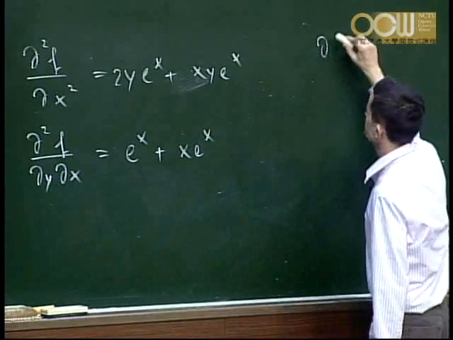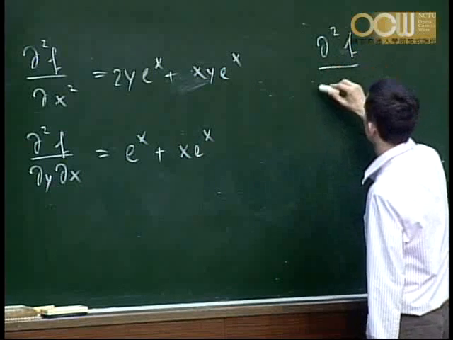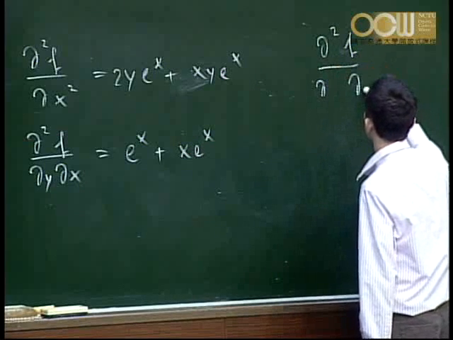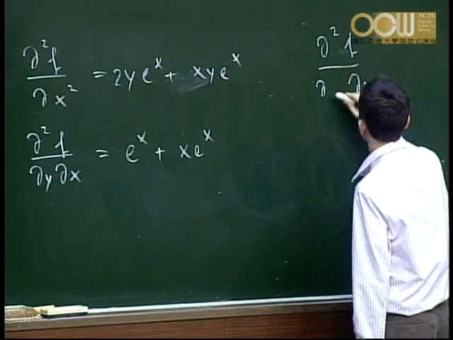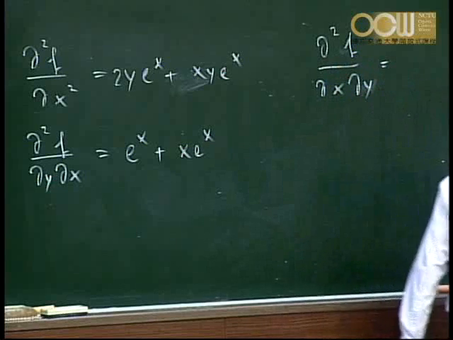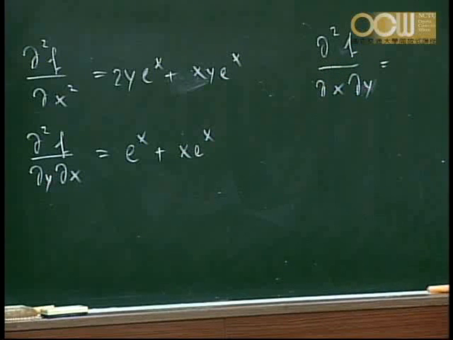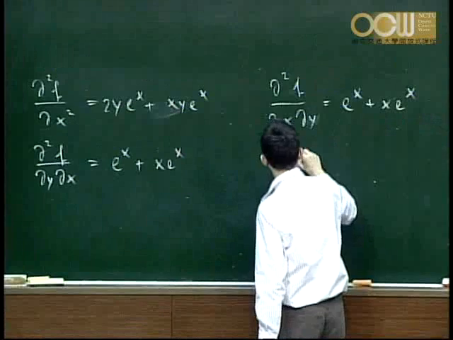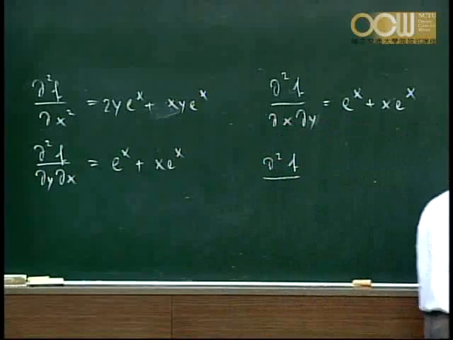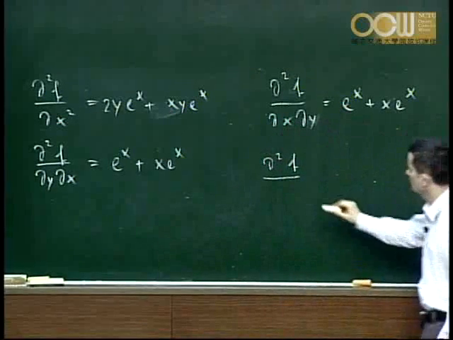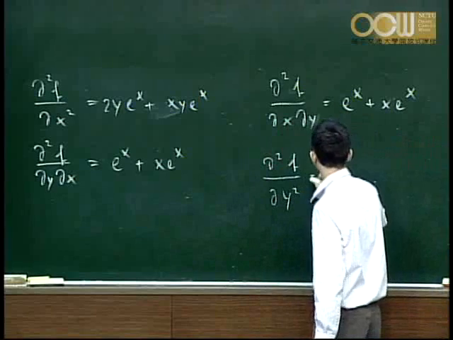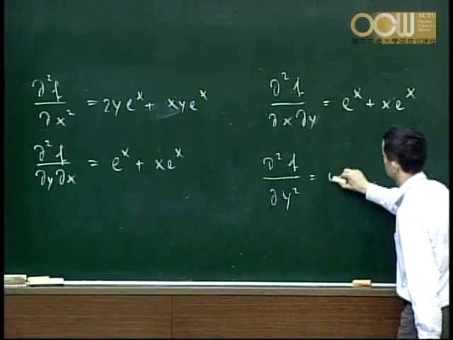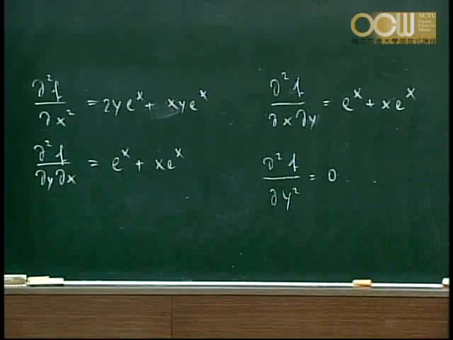Now the second partial derivative first with respect to y and then with respect to x. So we have to take this one now with respect to x. So this one is e to the x plus x e to the x, and the second partial derivative both times with respect to y is equal to 0 because this does not depend on y anymore.